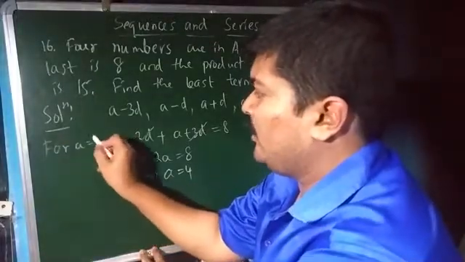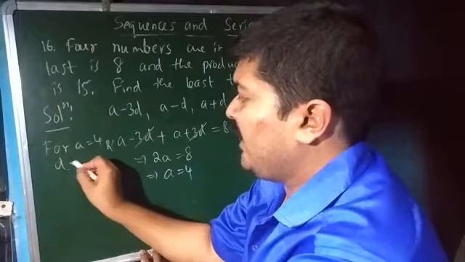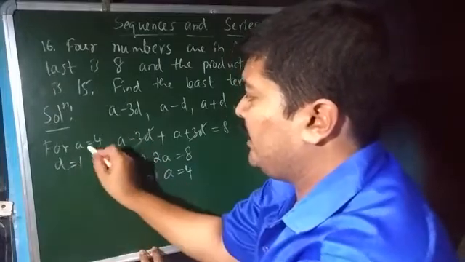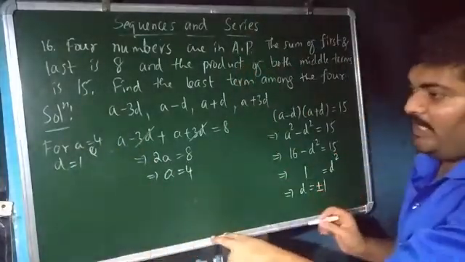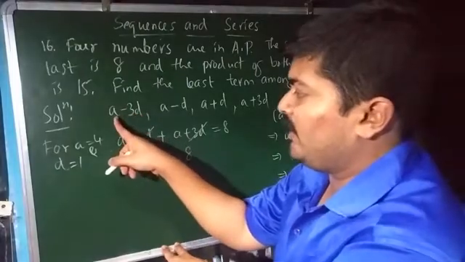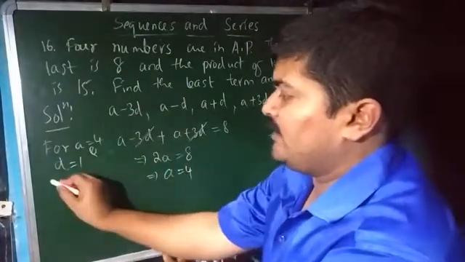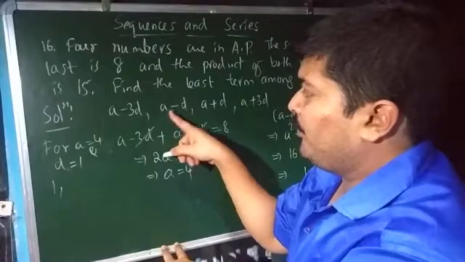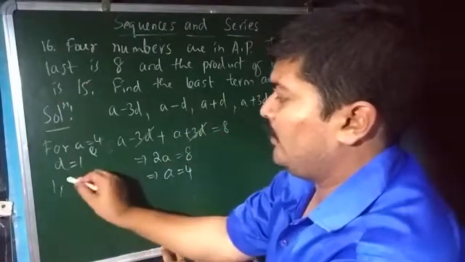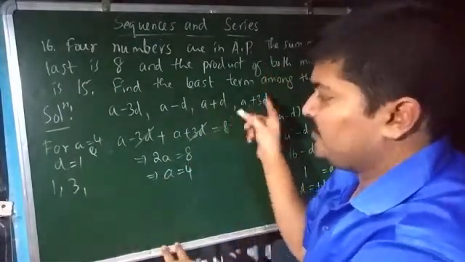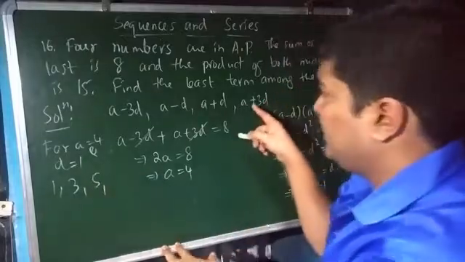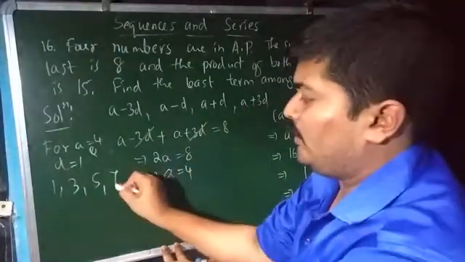For a equal to 4 and d equal to 1, the first case I am taking, what will the first term be? 4 minus 3, that is 1. Next, 4 minus 1, that is 3. Next, 4 plus 1, that is 5. Next, 4 plus 3, that is 7.